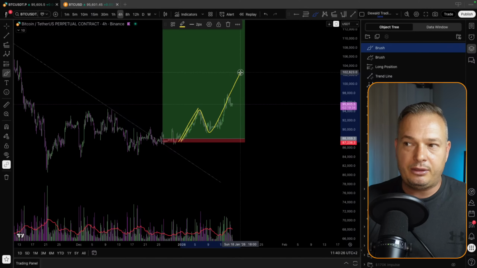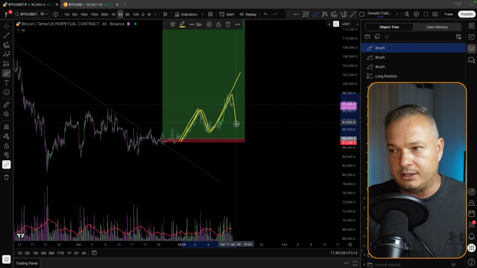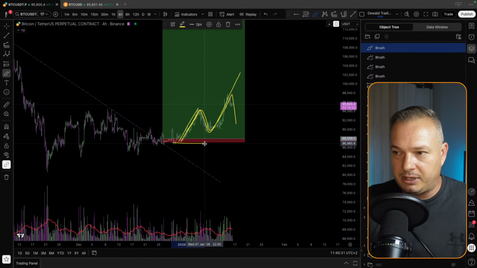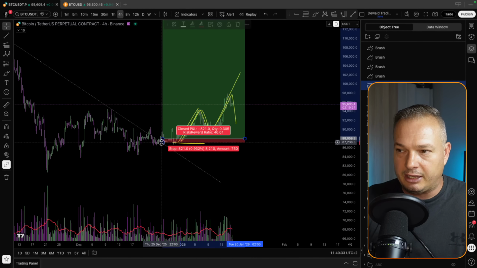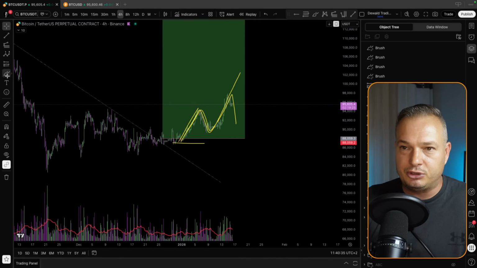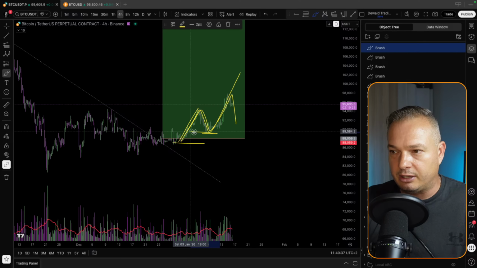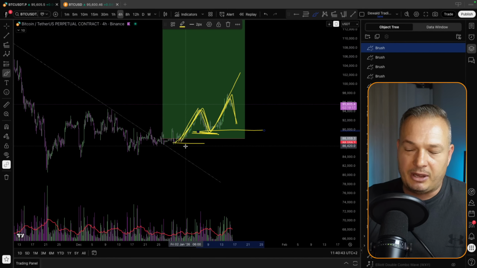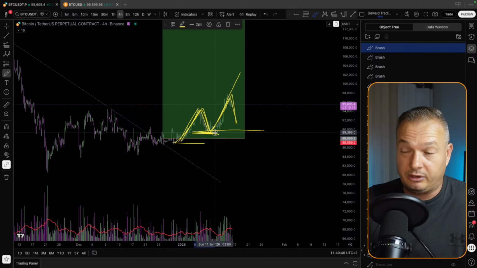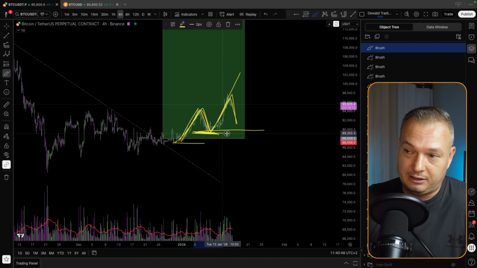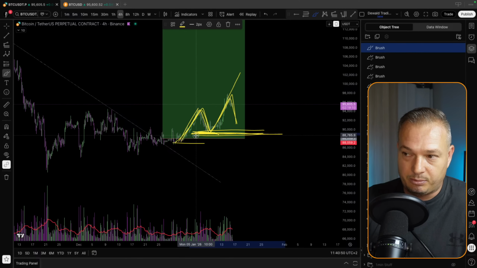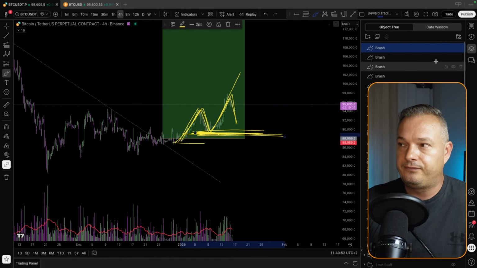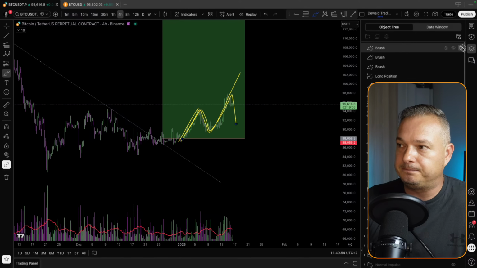Maybe it's still building a 3, or this is another 1, 2, 1, 2. But that low should not be claimed. Now, ideally, you could even say, okay, well, that low should not be claimed. So you can now move your stop loss to this low. Because if you're speculating on a 1, 2, 1, 2, this low should not be claimed. So it's about trade management. Your stop loss, if I was in this trade, okay, I can only tell you guys, my stop loss would be here below this low, just to manage the trade here to the upside.